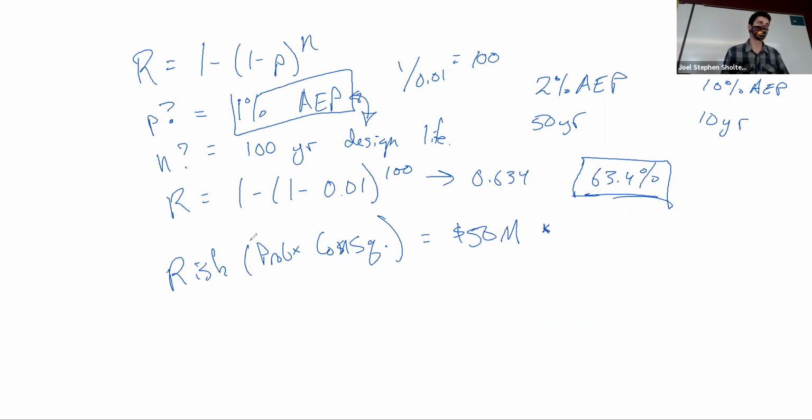Then what probability do we use to calculate this risk? We're going to use what we just calculated up here, that probabilistic risk. So we'll use 63.4%.